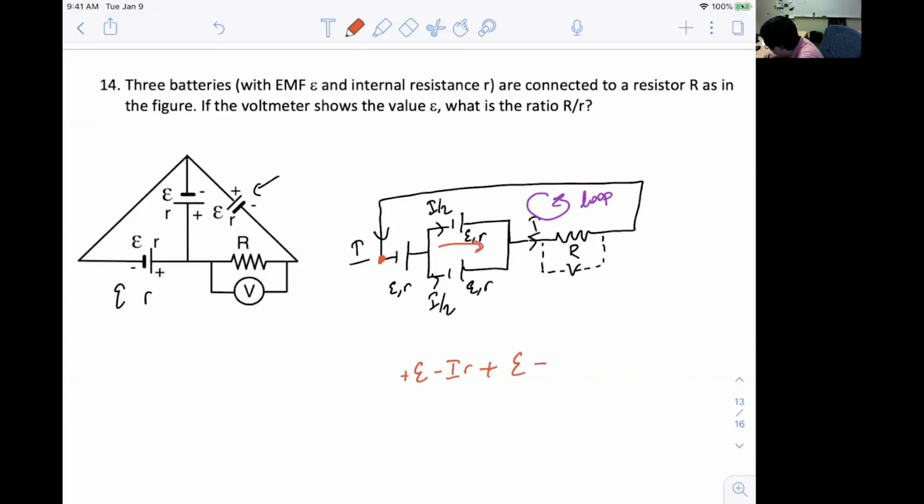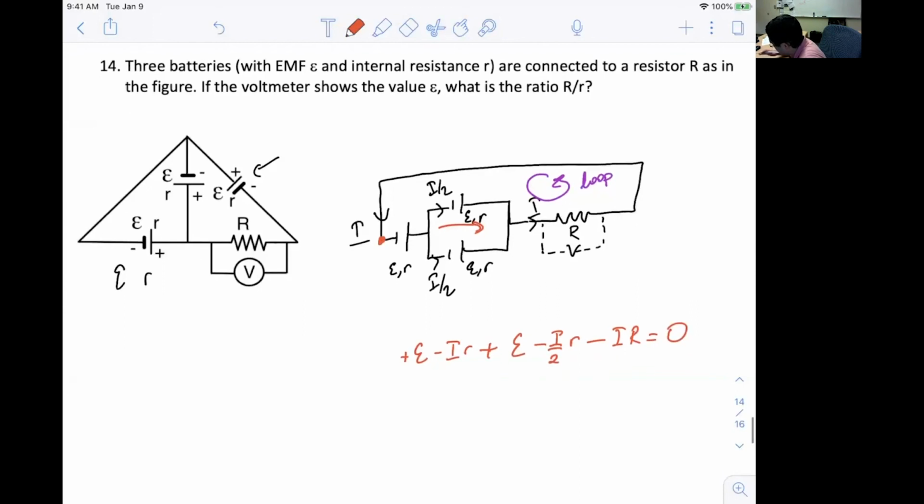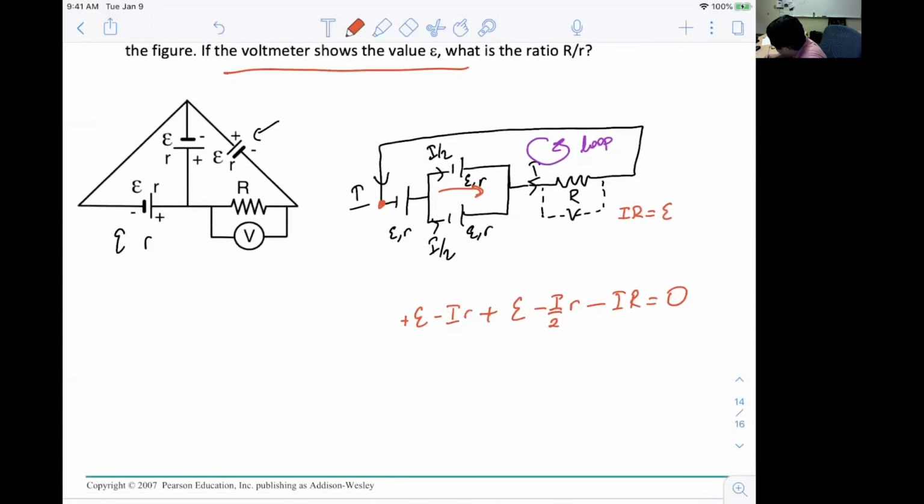So epsilon and minus I over 2 times r, because the current is I over 2, and I times capital R equals 0. Then the potential on the resistor is epsilon. Actually, this is what was given in the question, right? I can use that later. You have 2 epsilon minus 3I small r over 2 minus I times R equals 0.